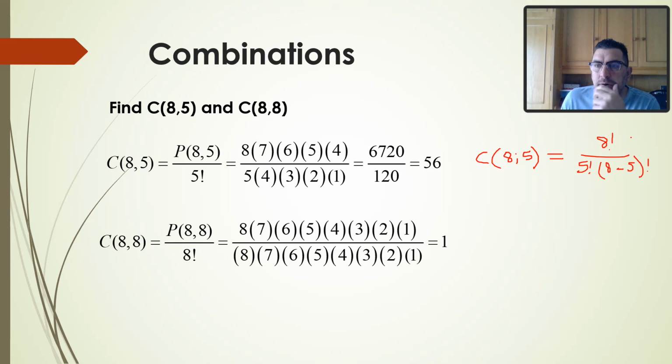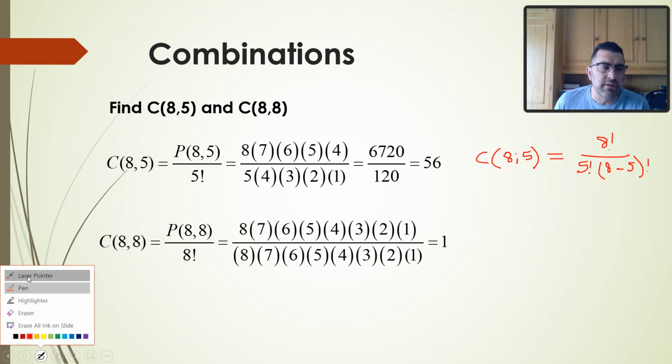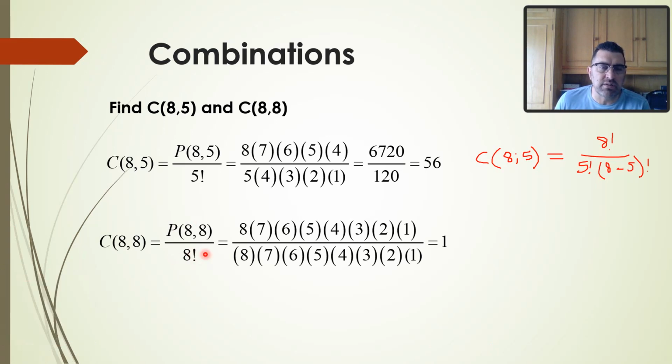So that part there is the permutation multiplied by 1 over the number of choices that you're taking. Okay, so it works exactly the same way. So where P(8,8) was 8 factorial, C(8,8) will simply be 1. If you look at this second one, it's literally 8 factorial divided by 8 factorial, which is indeed 1.